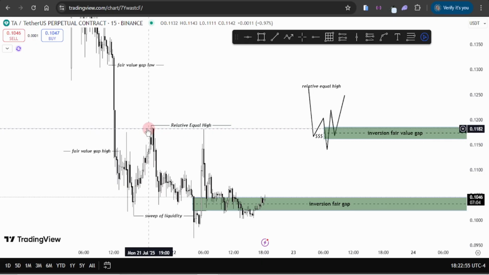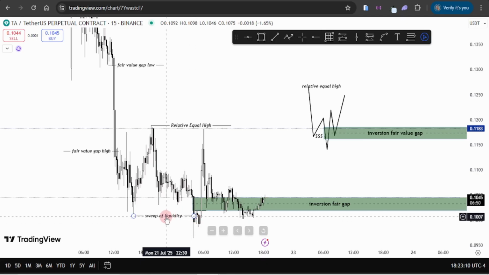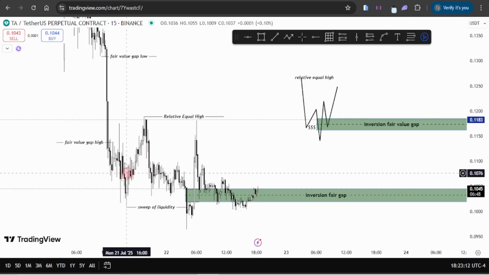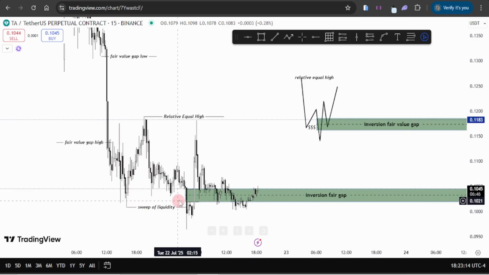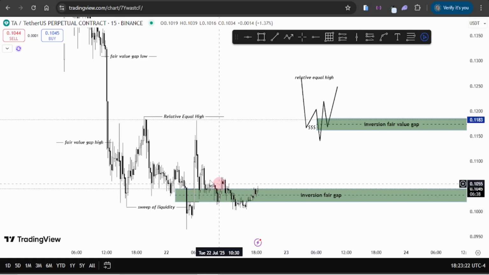Even though this high was taken here, it used a kind of swift liquidity sweep to take out the low of the range too, and created a fair value gap in the process, before turning it into an inversion fair value gap.